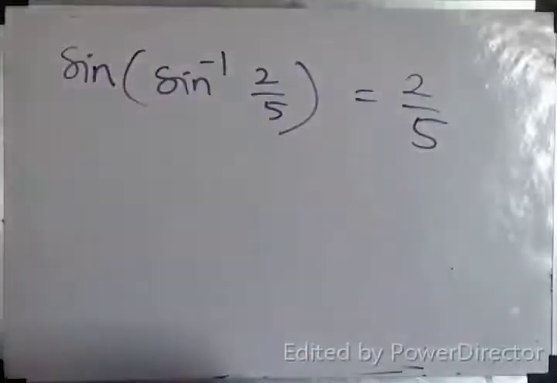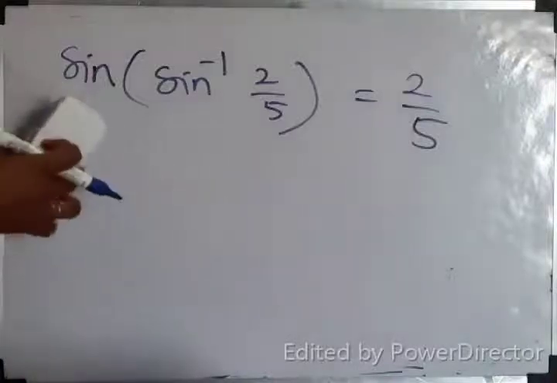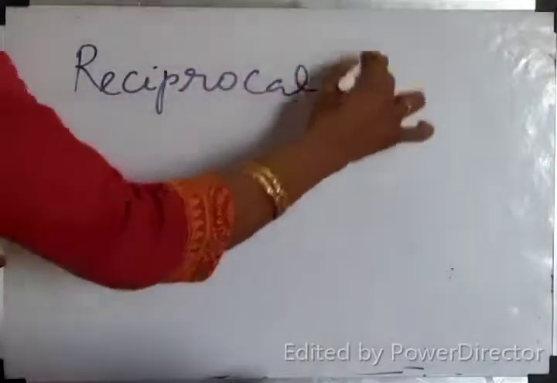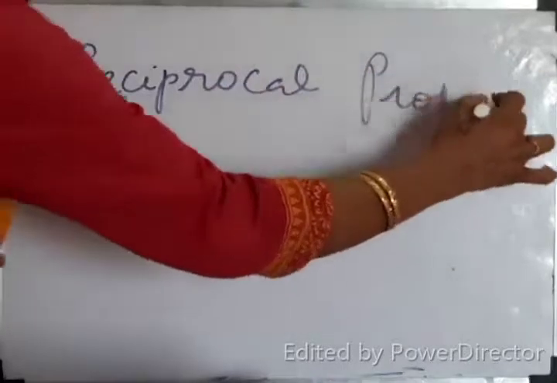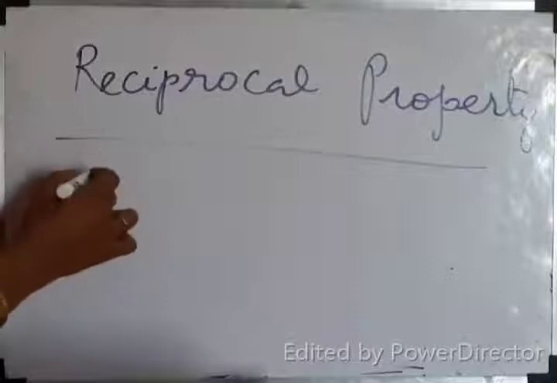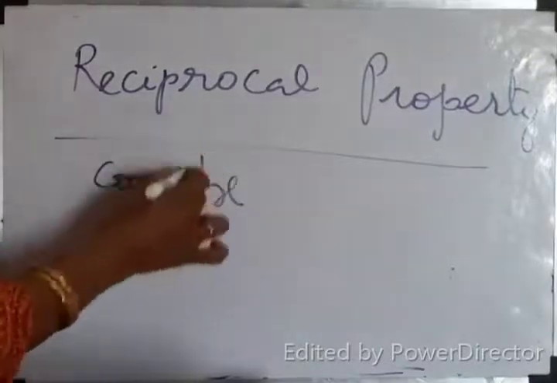Now we'll move on to the reciprocal property. We'll use property number 2, the reciprocal property. What is the reciprocal property? Suppose the question is cosecant inverse x.